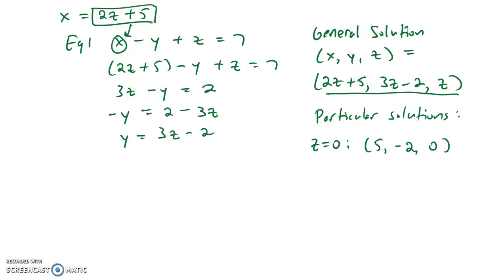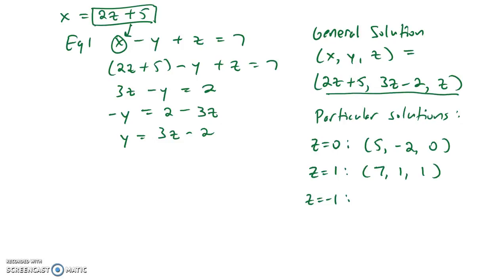So for example, I might choose to select z equal to 1. If I do that, I would get, using the general solution, 2 plus 5 is 7, 3 minus 2 is 1, and remember z itself is 1. So 7, 1, 1 is another solution of the system. I could choose z equals negative 1.